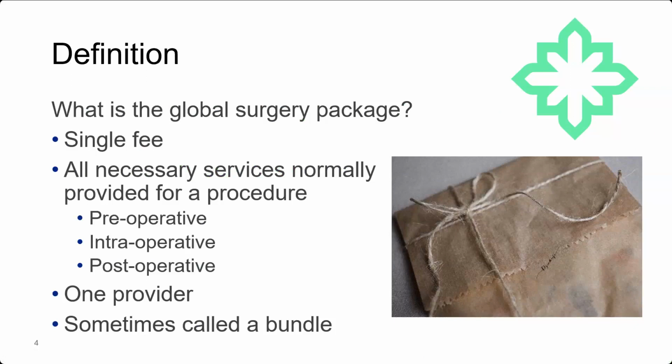So CMS then says, okay, that single fee has components. The components are pre, intra, and post-operative for a surgical code. So what component are you doing? And then you have to also indicate whether or not an evaluation and management is separate from that.